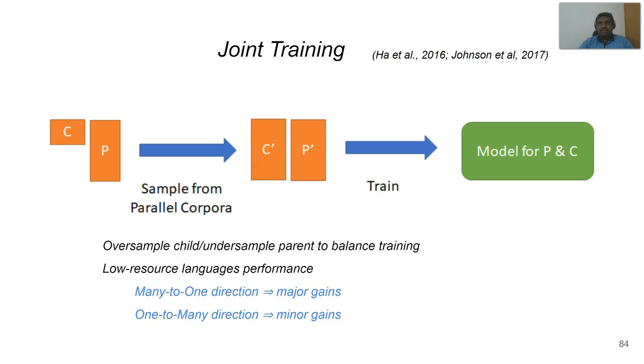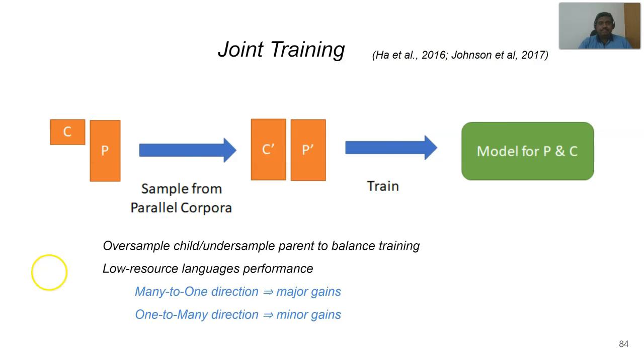So in this case, we are not optimizing for the child language in particular, but we are training a joint model. But in the process, we also end up sharing network components and transferring knowledge from the high resource language pair to the low resource language pair. What is seen is that in this case, there are major gains in the many-to-one direction, but gains are limited in the one-to-many direction.